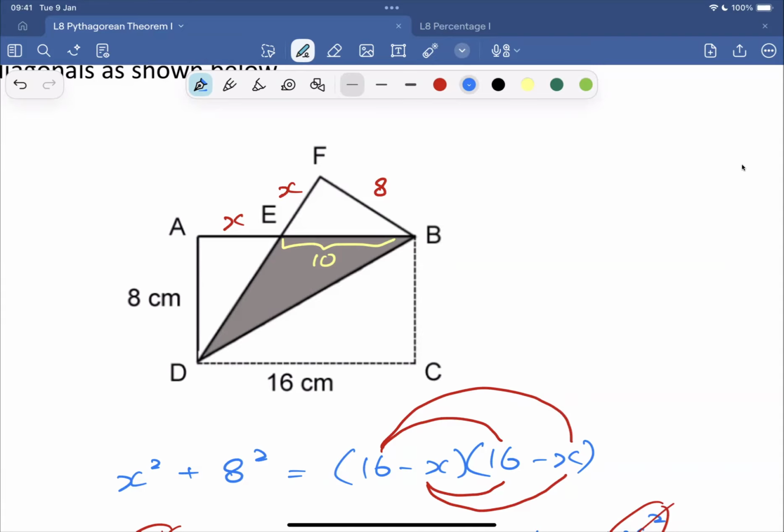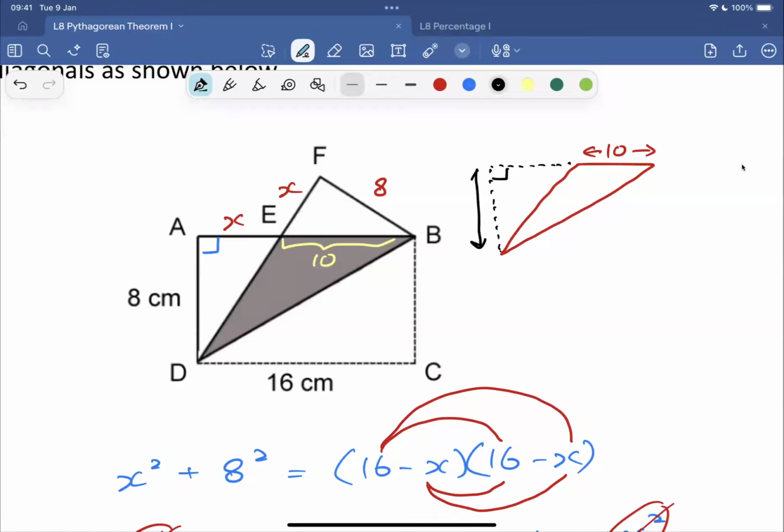Okay, so students, look. This is 10, which is the base. What is the height? The height of a triangle must always be 90 degrees to the base. I don't care whether the triangle is upside down. Even though it's upside down, if the base is 10, then the height of the triangle must be 90 degrees to the base.